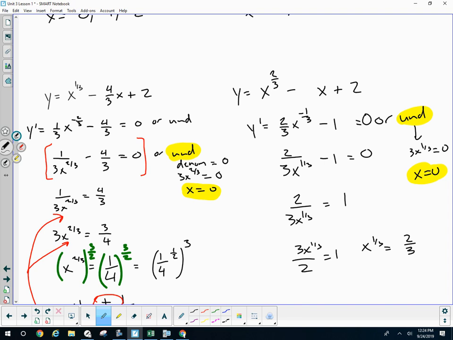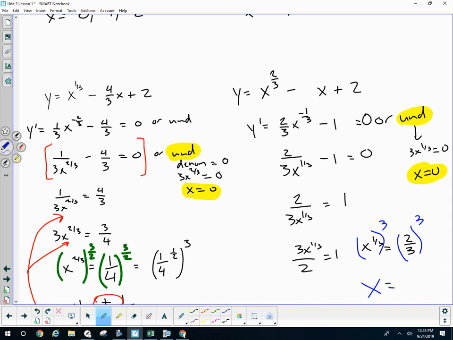How do you get rid of the 1/3? Cube both sides. 1/3 times 3 is 1. That's how we get x by itself. 2/3 cubed. If I have a product or a quotient to a power, you would square, cube, or apply whatever power to everything in this fraction.